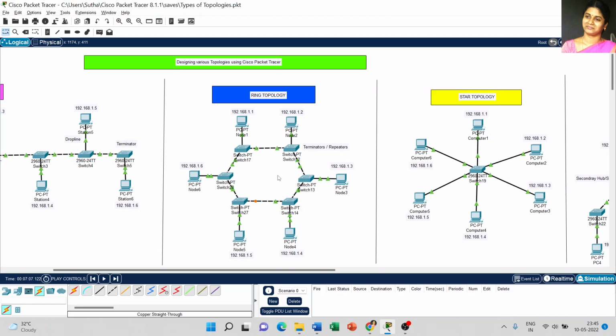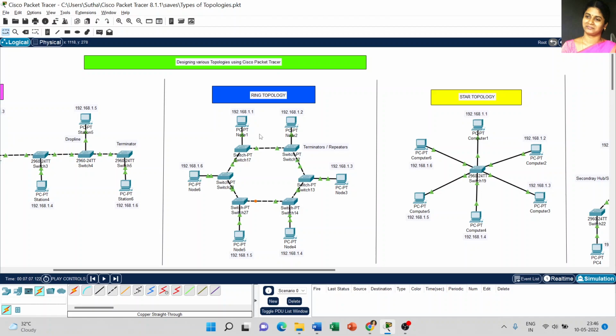Now the second advantage of ring topology. Whatever design we are creating, we can easily create the network structure, and we can easily install and expand as much as possible. So what does it mean? Here I used 6 different nodes. If I try to insert 2 more nodes, we need not remember or memorize anything.